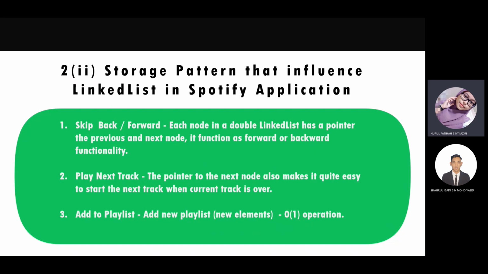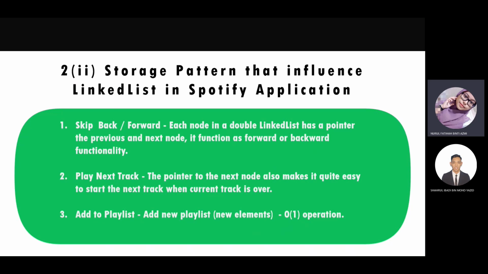In this slide, I will explain the function of the three application operations in the storage pattern that influences linked list in the Spotify application. First, skip back or forward. Each node in a double linked list has a pointer to the previous and next node. It functions as forward or backward functionality.